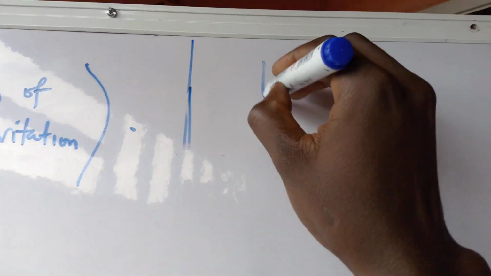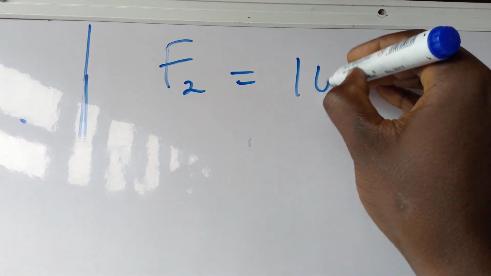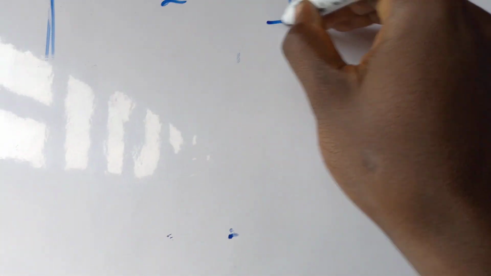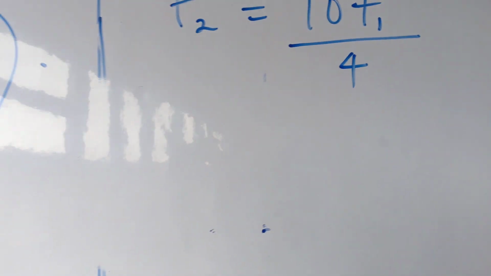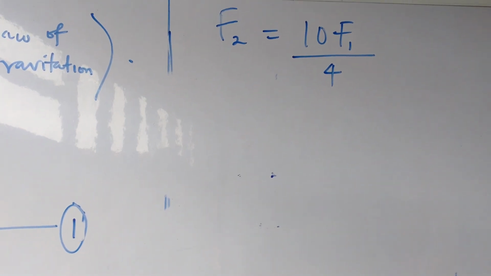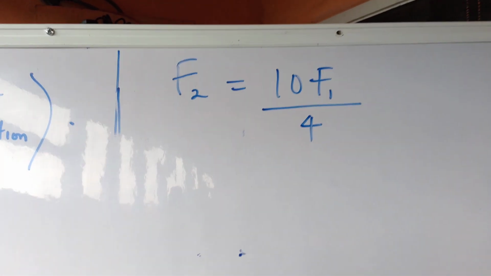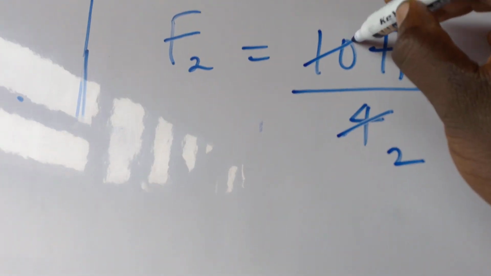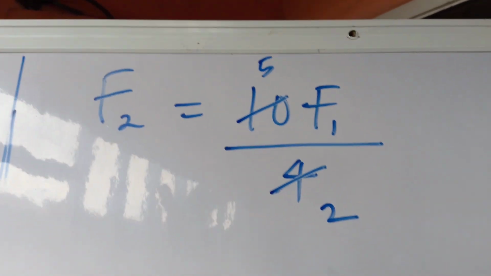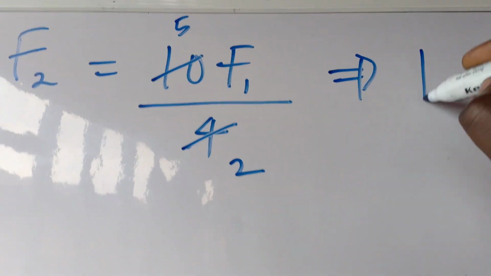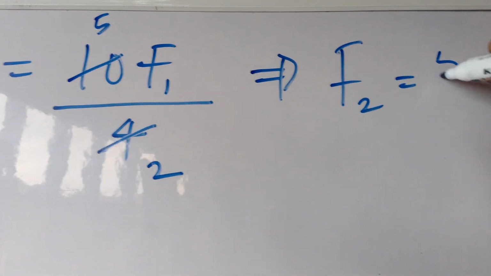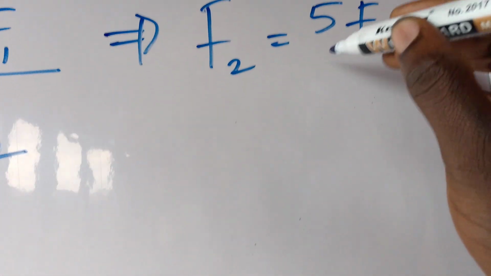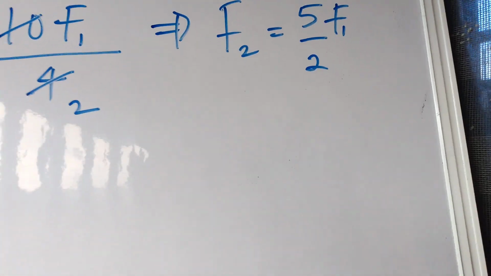And you also observe that 2 can go here: 2 going into 10 is 5. So I have that F2 equals 5 F1 over 2.